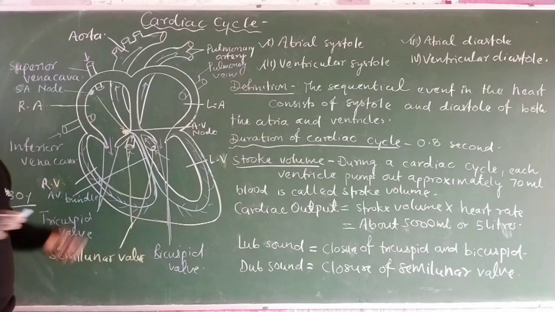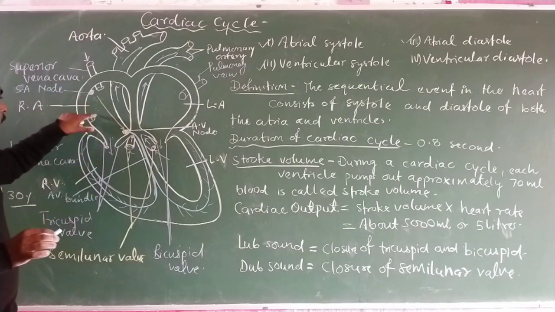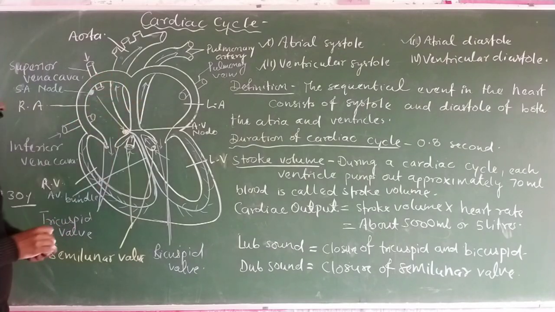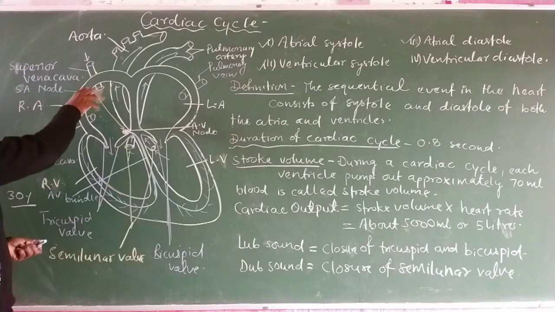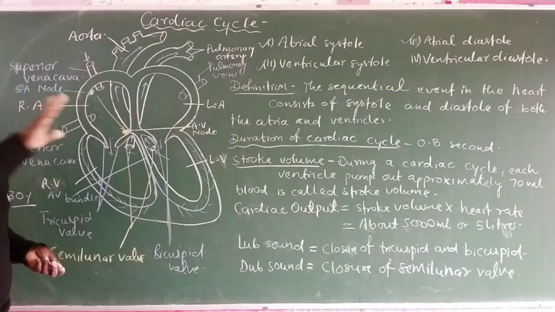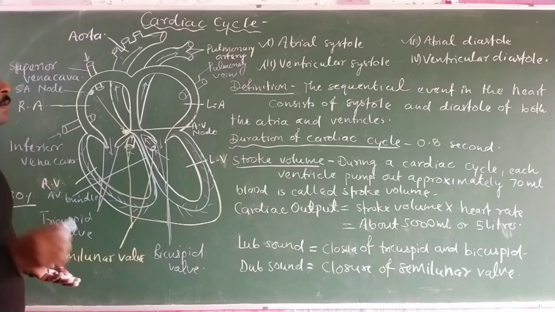during atrial diastole, the blood is again collected into the right atrium and left atrium. So again, these contract to push the blood into the ventricles, and the ventricles push the blood into the arteries.